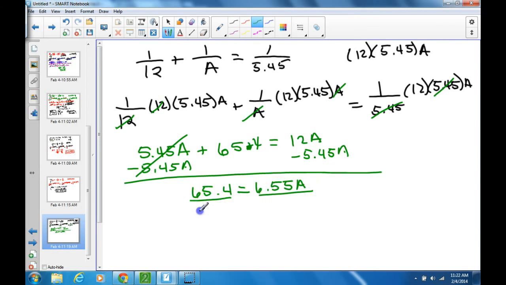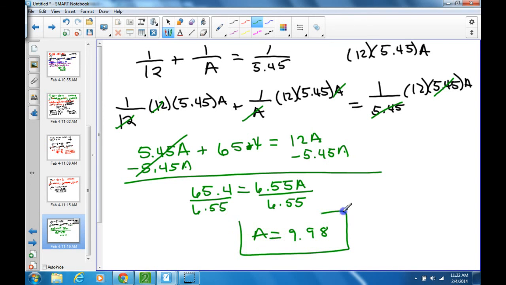Yep, divide by 6.55. When you do that, you get an A of about 9.98. So it takes Amanda close to 10 hours to mop the warehouse, right? Yeah, if you rounded it up, I would.